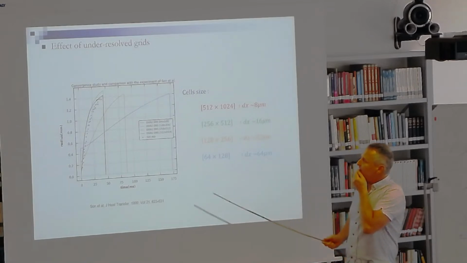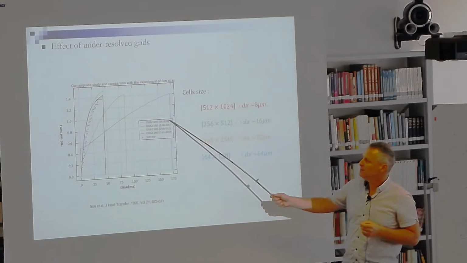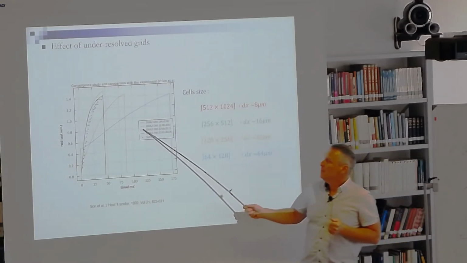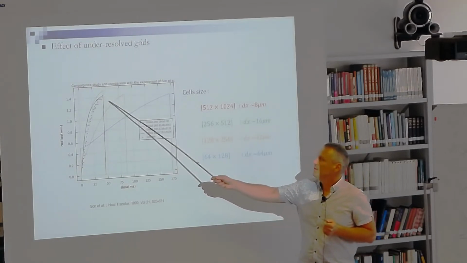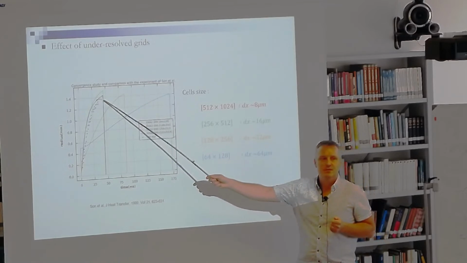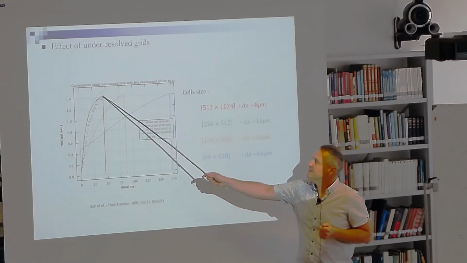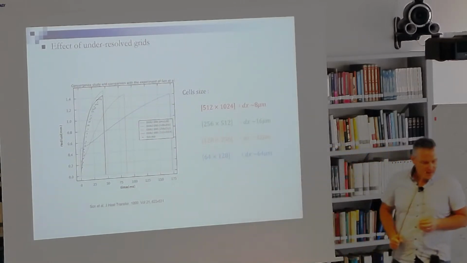If we look at the numerical results obtained with different grids, the most refined is the red, and we see that the green is not so far from the red, and if we use a coarser and coarser grid, we see a strong discrepancy. Here we have the sensitivity of our numerical method to the grid size.